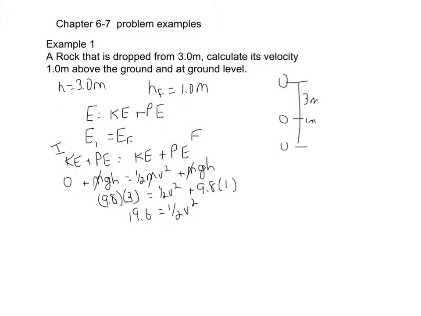Now, let's see what we got. So that's going to be double that. 39.2 equals v squared. So I take the square root of that, which is going to be somewhere around 6.3 meters per second.